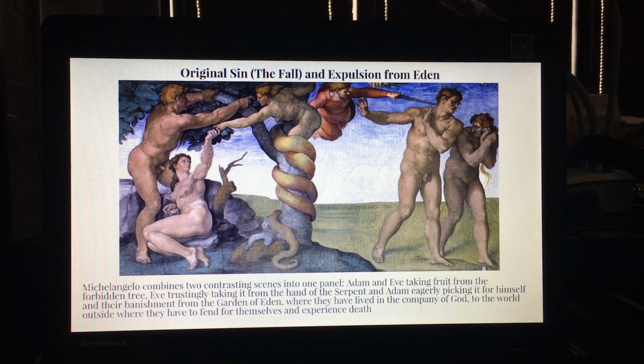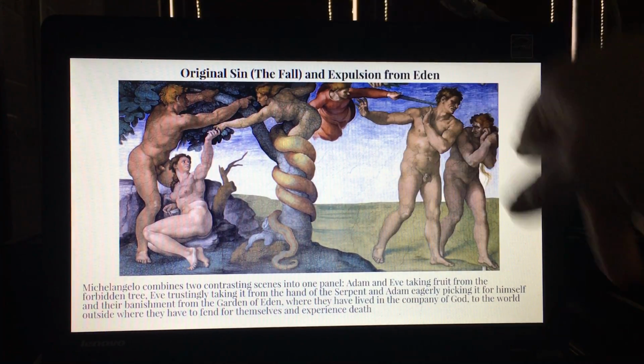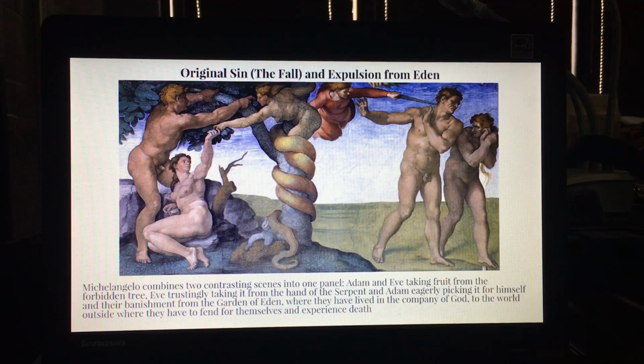They both look far more haggard, in greater shadow. Their postures, especially hers, are lowered and kind of wretched. So this is all in one panel, two contrasting scenes in one panel.